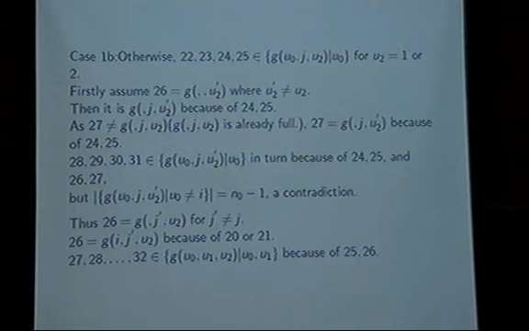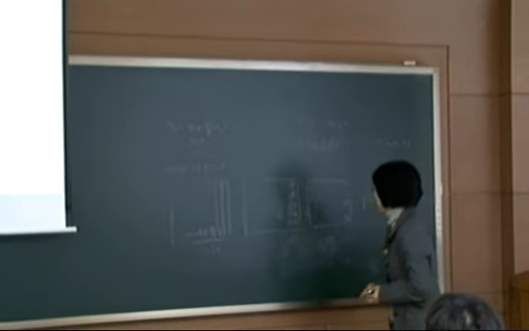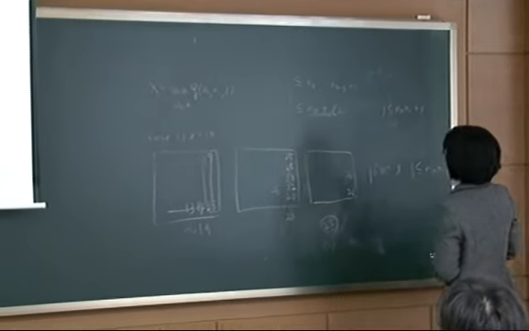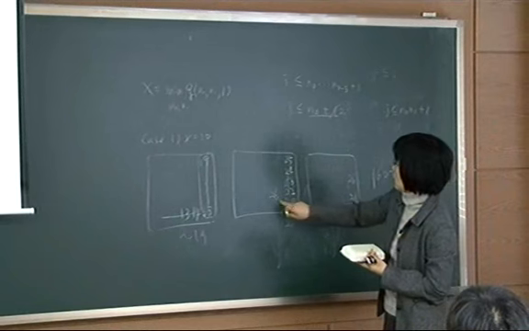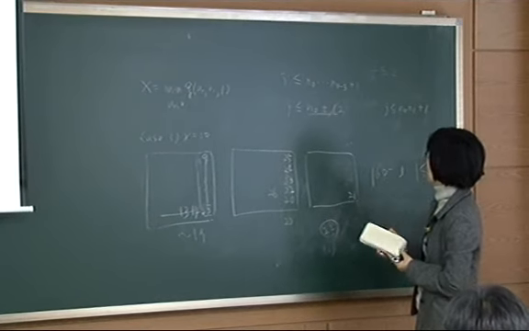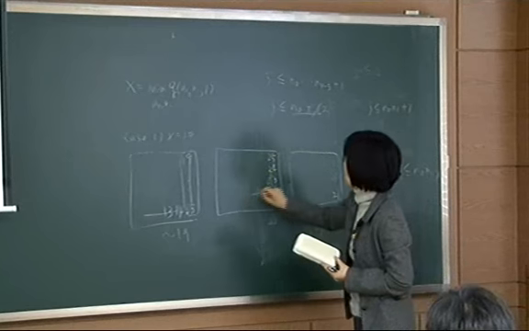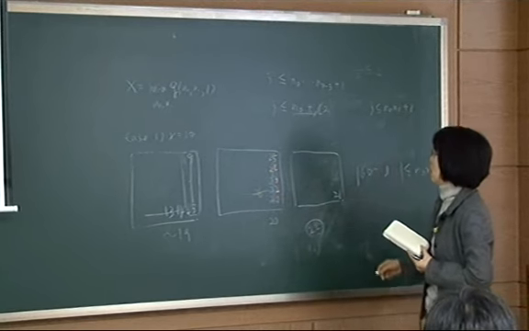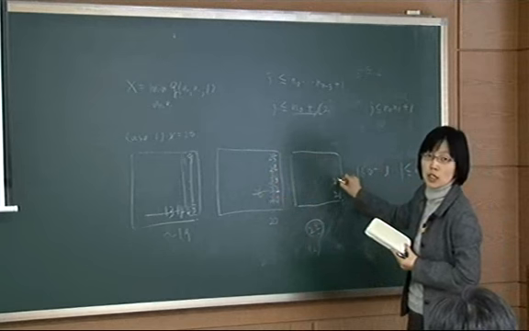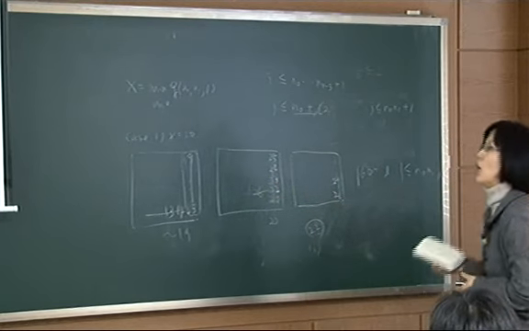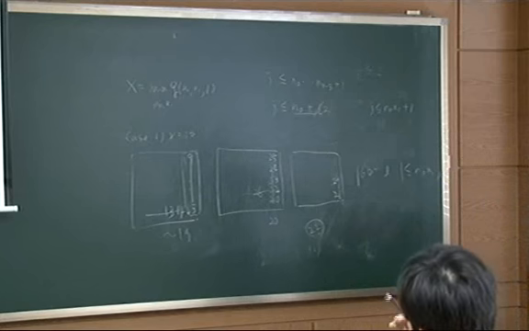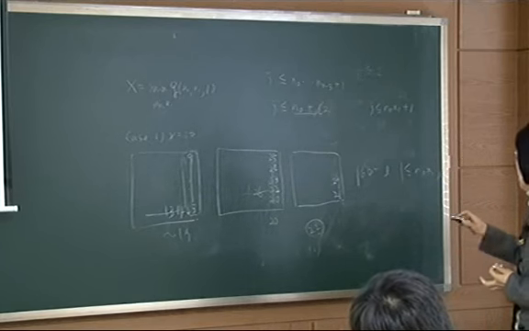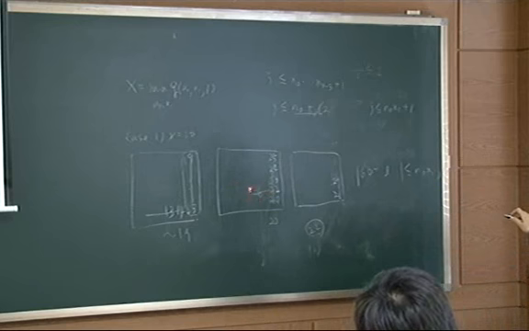So 26 can stay here or somewhere here. If it stays here, then 27 contains these whole lines. So then 27 should stay here. And then by the same token, as your new element goes up, your upper neighbors go up.